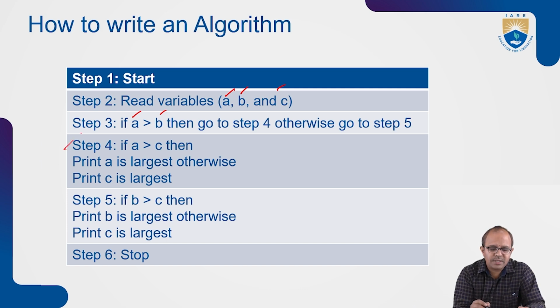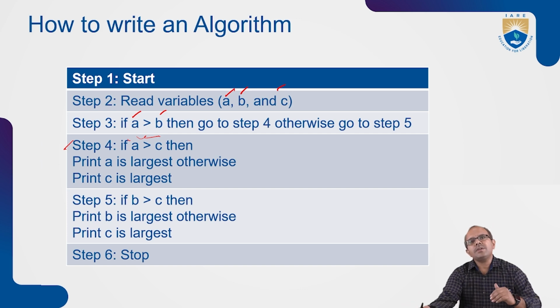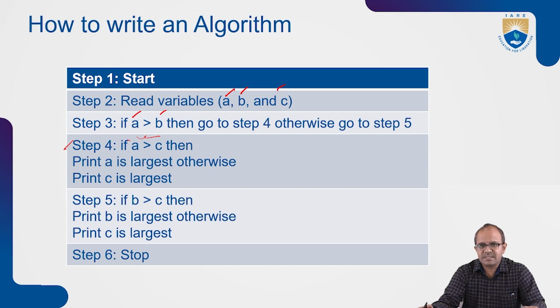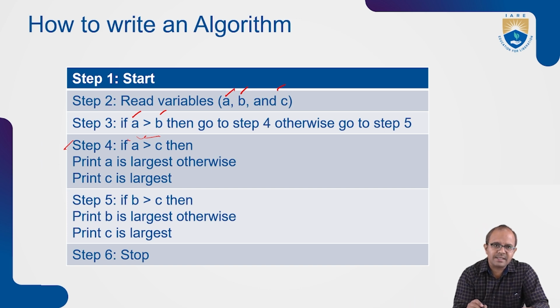In step 4, again one more conditional statement is written to compare the values of the variables A and C. If A is greater than C, then finally you are going to say that A is the largest value among the three variables. We print A is largest.